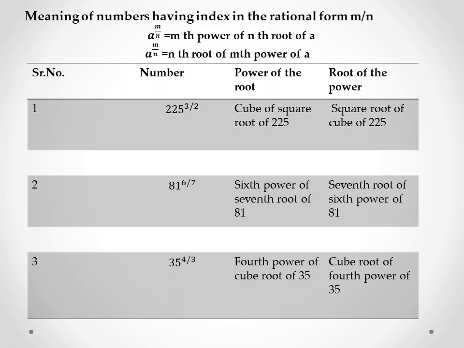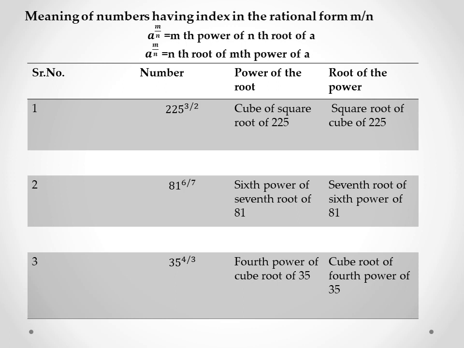I have given some examples there. 225 raised to 3 upon 2. 3 means cube. Therefore, cube of square root of 225, because 1 upon 2 means square root. If you want to write root first, then square root of cube of 225. 81 raised to 6 upon 7. Sixth power of 7th root of 81, or 7th root of 6th power of 81.